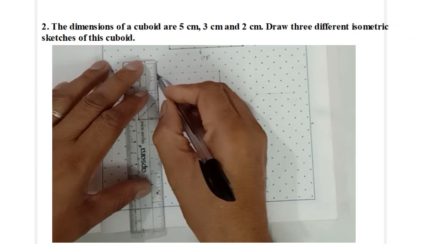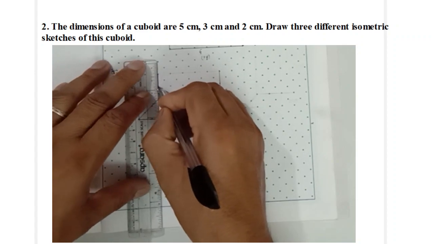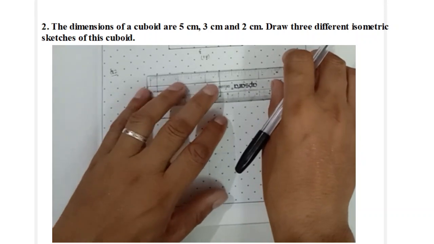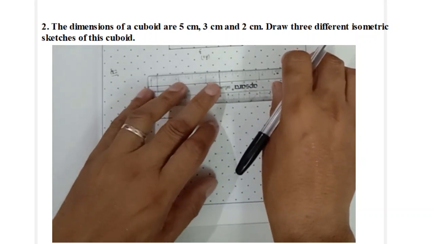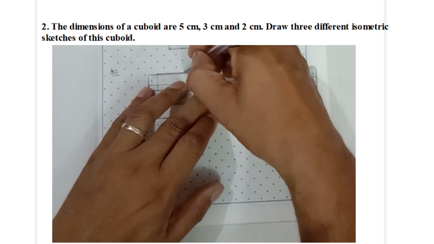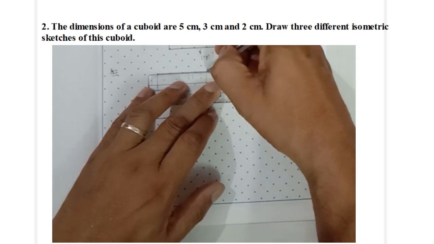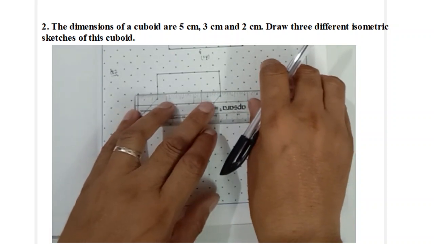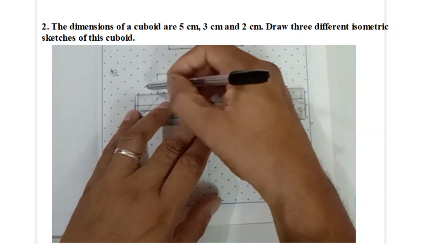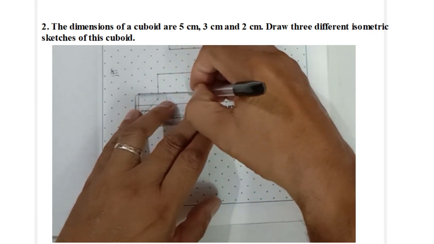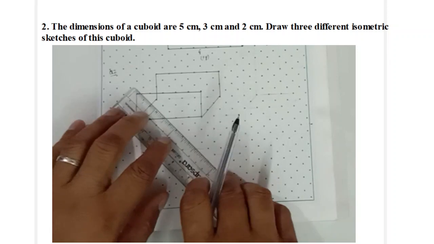Here again height is 2, that is 1 and 2. Now here length is 5 centimeter. To join these 5 dots, that is 1, 2, 3, 4 and 5. Here again 5 dots you have to join, that is 1, 2, 3, 4, 5.